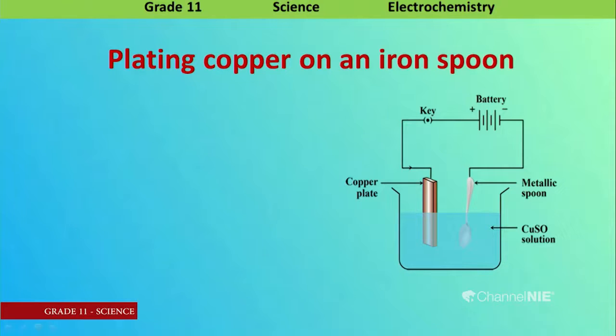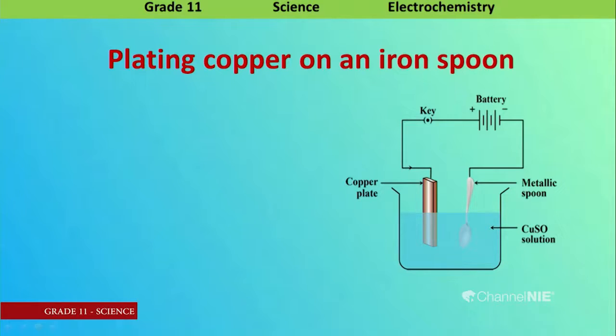See, the iron spoon is connected to the negative terminal of the battery. That means the iron spoon here is the cathode. And for the positive terminal as the anode, I have placed here a copper plate.